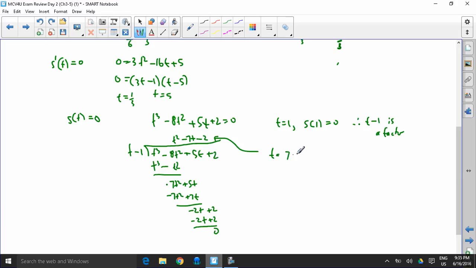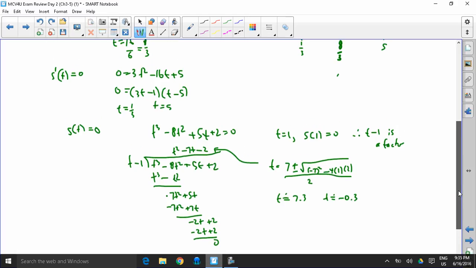So the position function is 0 at negative 0.3 and 7.3. And also at 1, because we had that 1 is a factor, that's a 0.